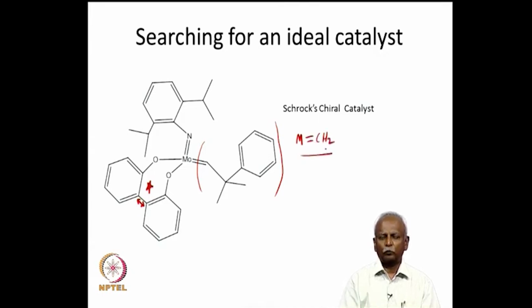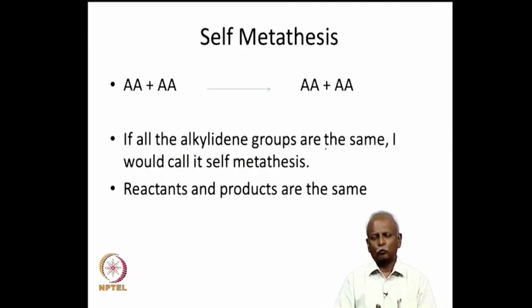So, it is only the M double bond CH2 that is a catalytically active center, and whatever we have described, the rest of the paraphernalia that is attached to the metal purely provides assistance in terms of stabilizing the catalyst, or providing the right electronic input into the metal, so that the catalysis can be carried out. So, let us go to the actual examples where reactions can be carried out.